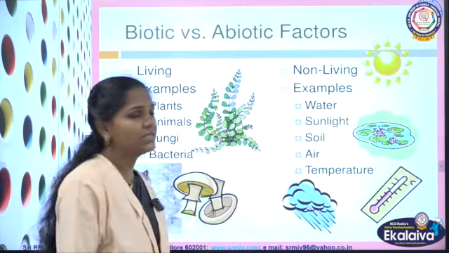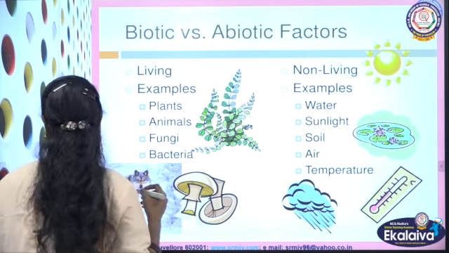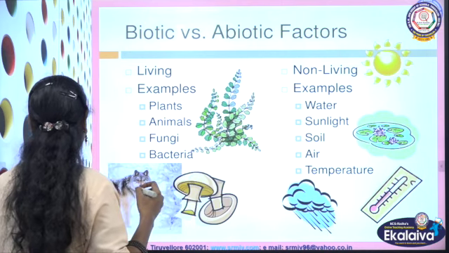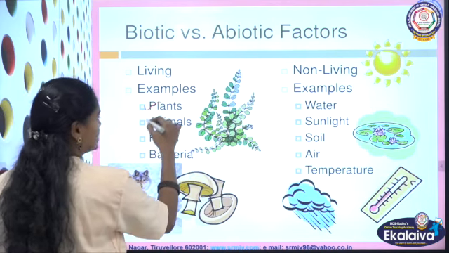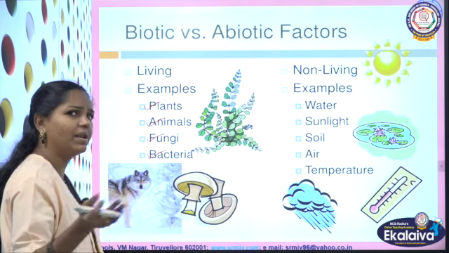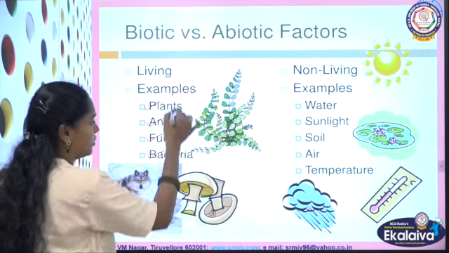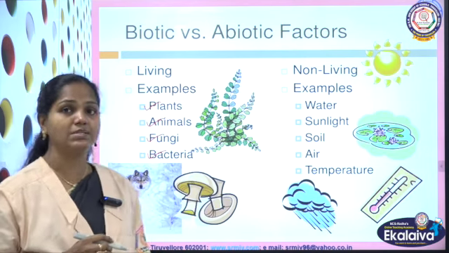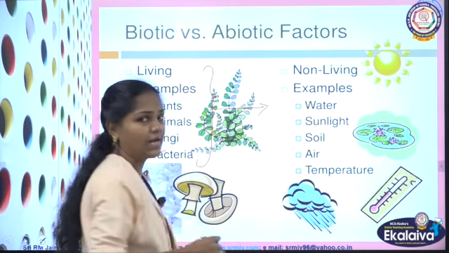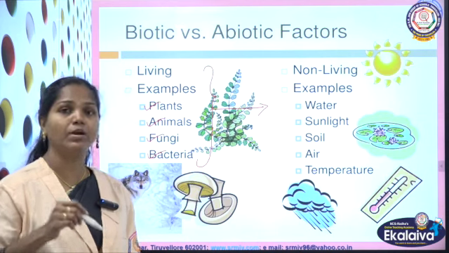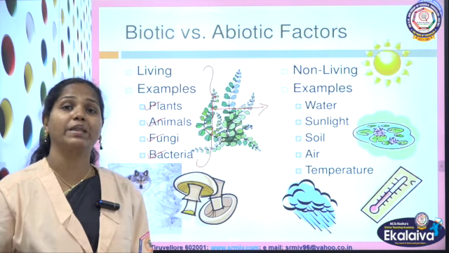So when you see this, these are the different biotic and abiotic components. Already you know that biotic components are the living organisms present on our earth. It includes plants, animals, fungi, bacteria and even other microorganisms like protozoans. All of these come under the living components, that is biotic components, and for their survival they depend on some important abiotic factors without which the survival of the organism is very difficult.